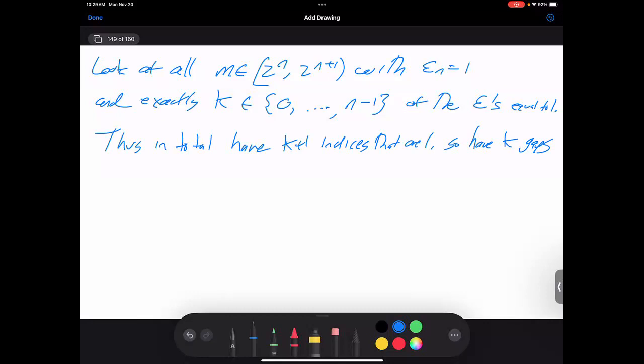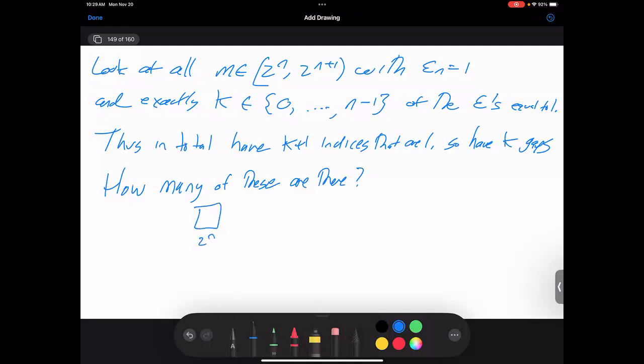How many numbers are there between 2 to the n and 2 to the n plus 1 that have 2 to the n as a summand and have exactly k ones among the indices from 0 to n minus 1? So let's think about what we're doing. We have our boxes.